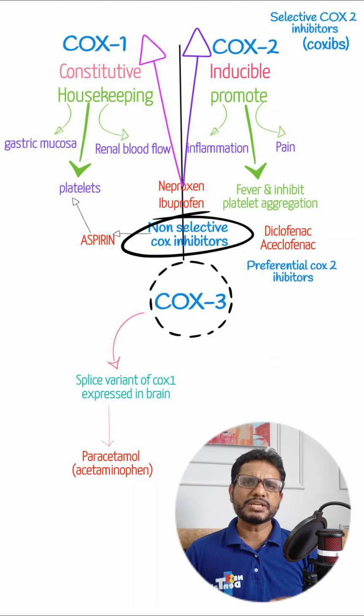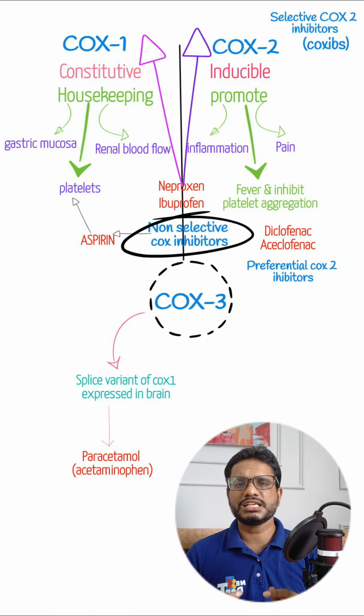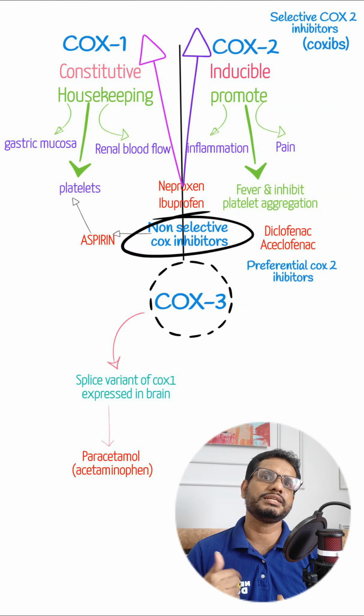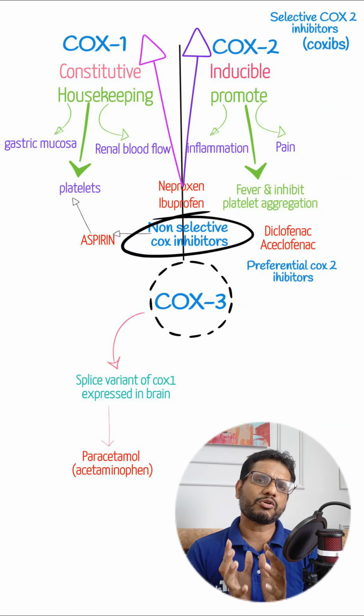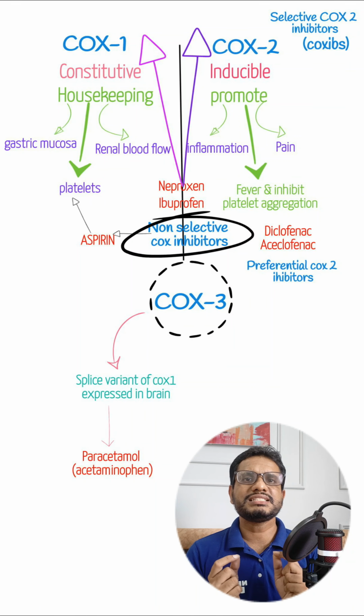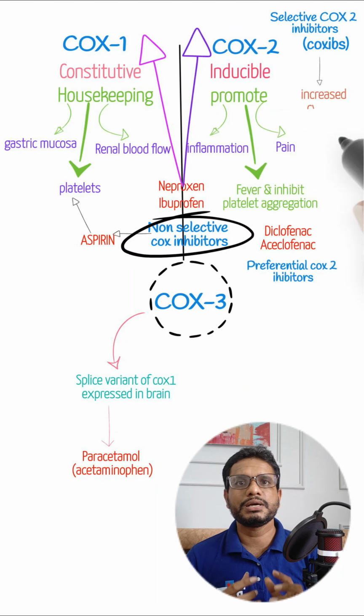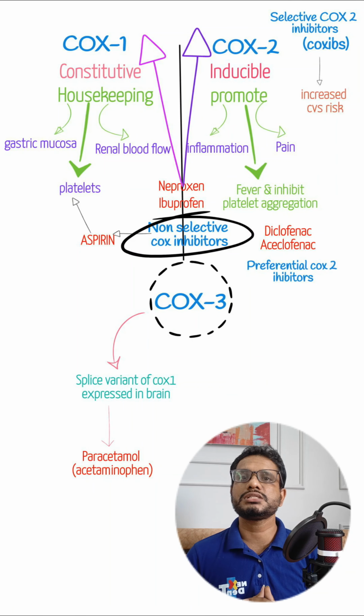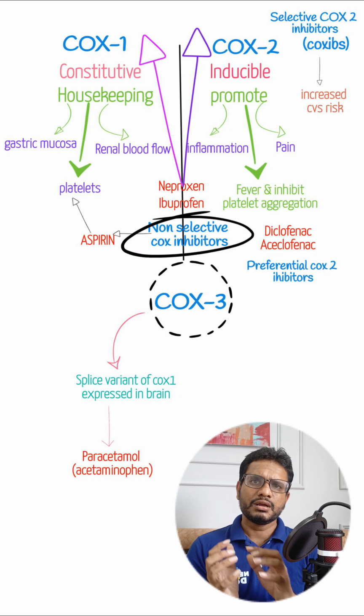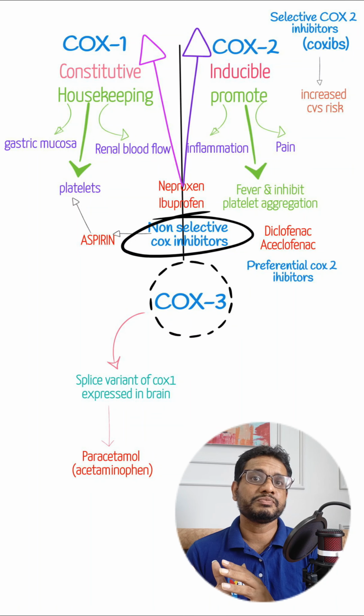Inhibition of platelet production, as with aspirin, is beneficial in preventing blood clots but can also increase bleeding risk. So when I say COXIBs, by selectively inhibiting COX-2 they reduce inflammation but may increase the risk of cardiovascular events because they can promote platelet aggregation.